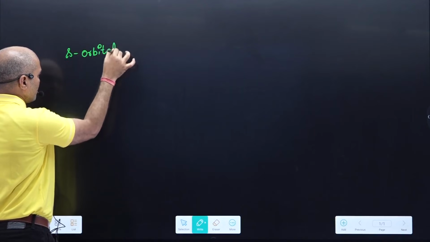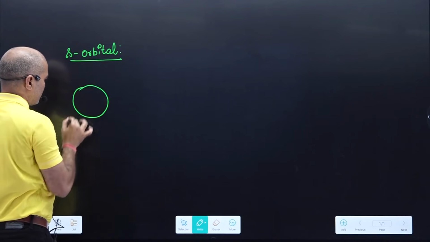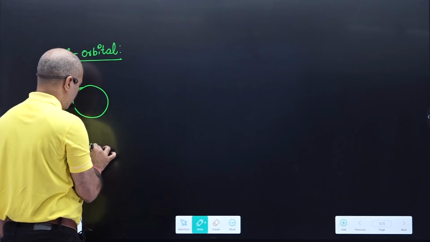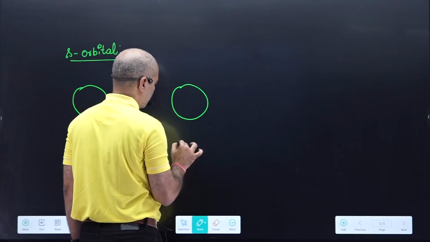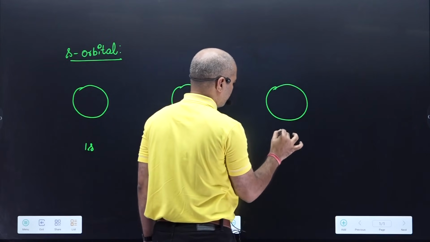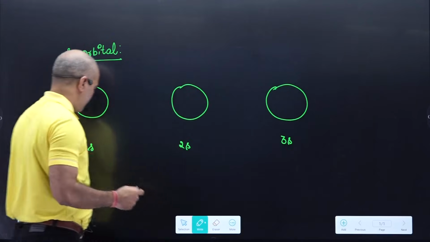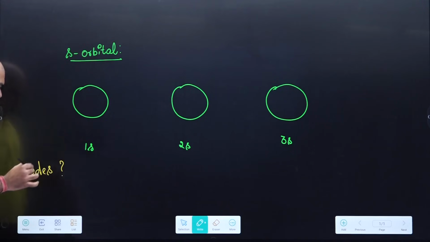Suppose I start with the s orbital. Let me take 1s. How many nodes are there?